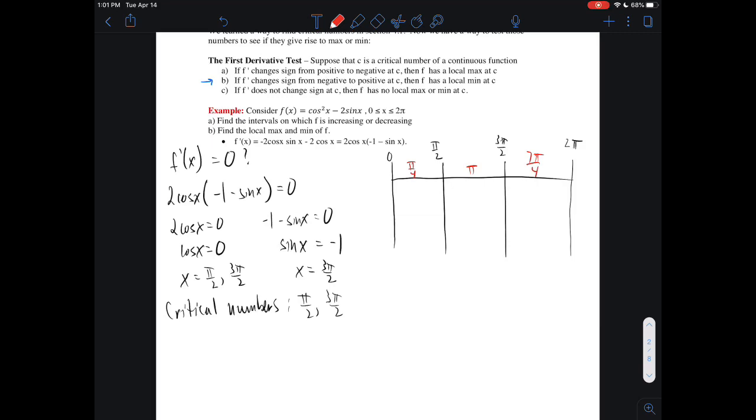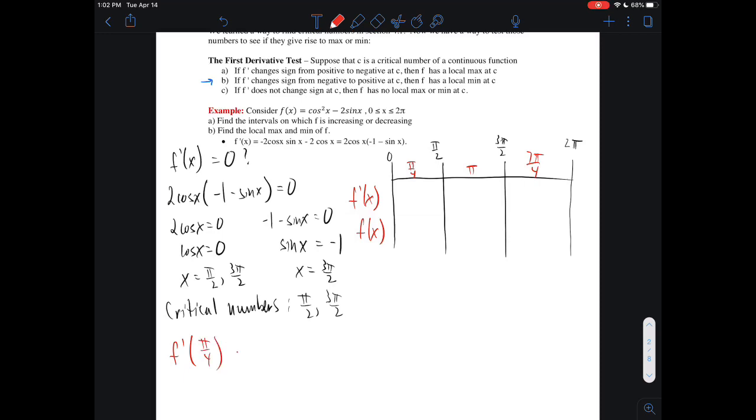So now I'm going to take these test points and plug them into my first derivative to see if I get negative or positive, and then that'll tell me something about my original function, f of x. And I can get those intervals where the function is increasing or decreasing, and then also try to identify any local max or min. So first, I'll take the first derivative, and I'm going to plug in pi over 4.